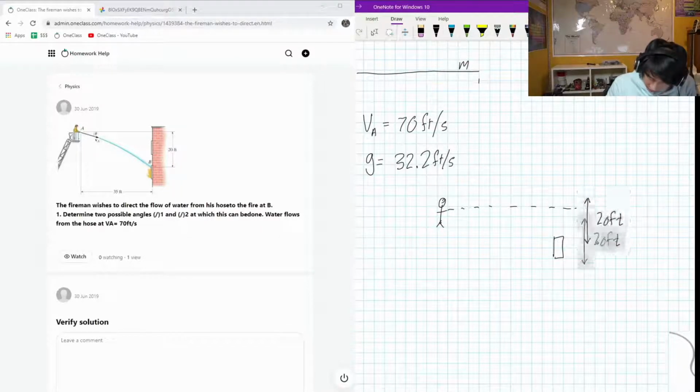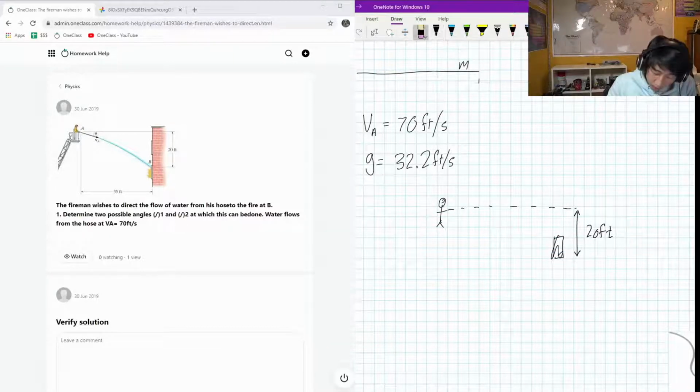Instead of a box, let's just have a point as a target. And their separation is a horizontal separation of 35 feet.